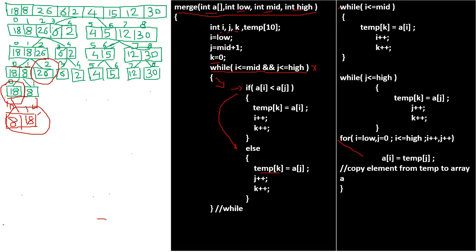Here what happens, when we get these two sublists, at that time our low value is what? 0. Low value 0.